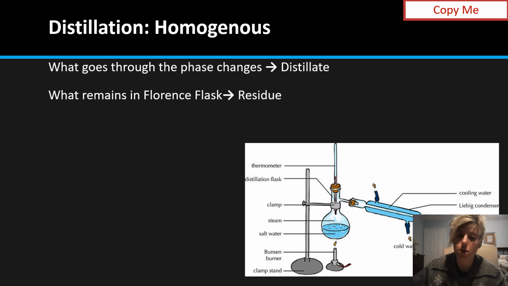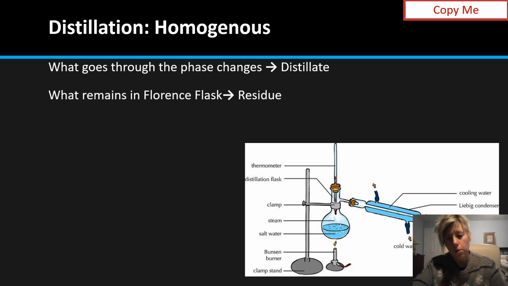If we're looking at our terminology, our residue is the leftovers from decantation, from filtration, and from distillation. So the thing that gets left over is the residue. There's only three terms that you actually need to know.